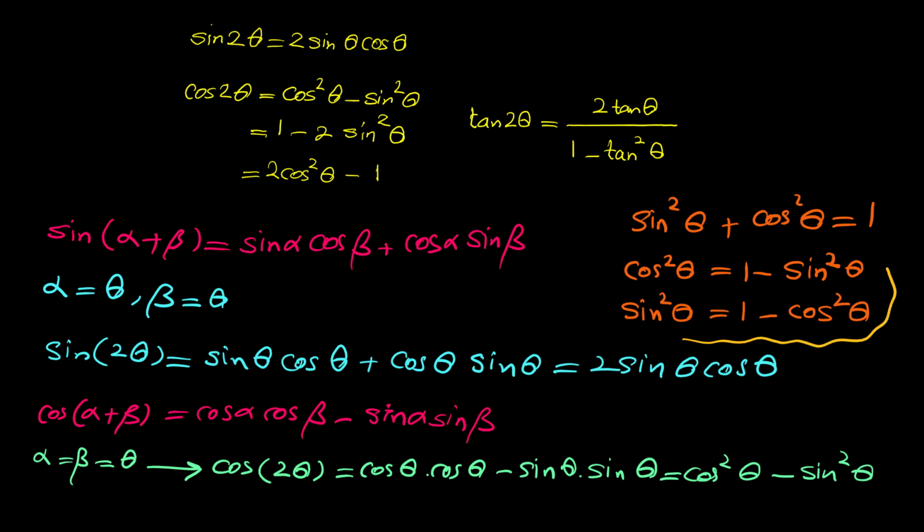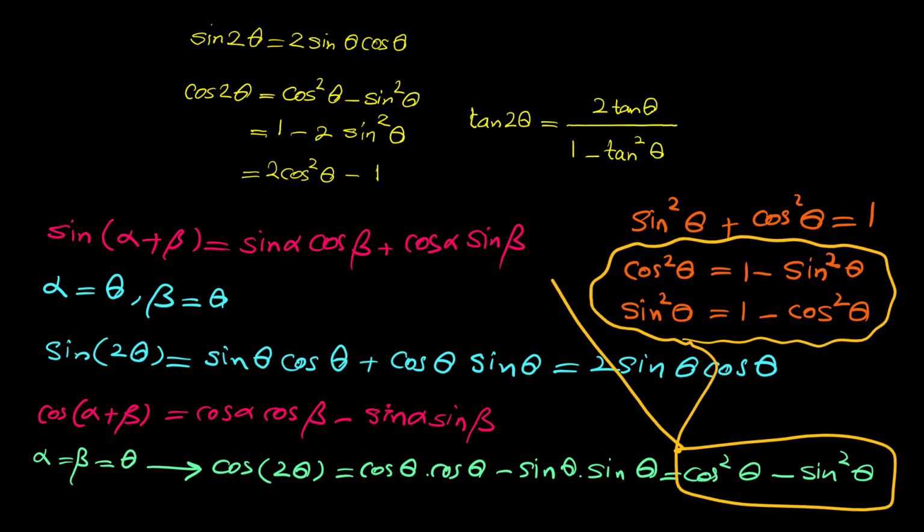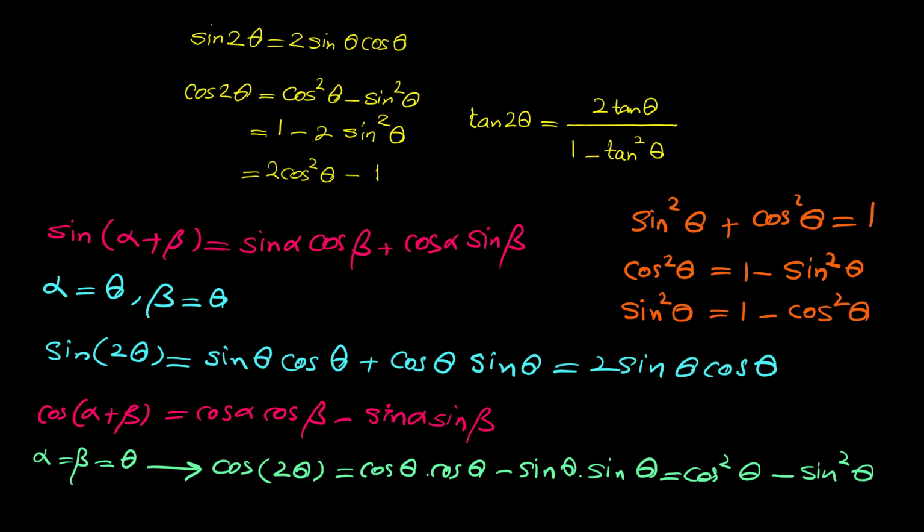Now we want to use these 2 relations to change this to these 2 other formulas that we have for cosine of 2 theta. Please pay attention. If we replace this cosine squared here with this formula, let's see what happens.